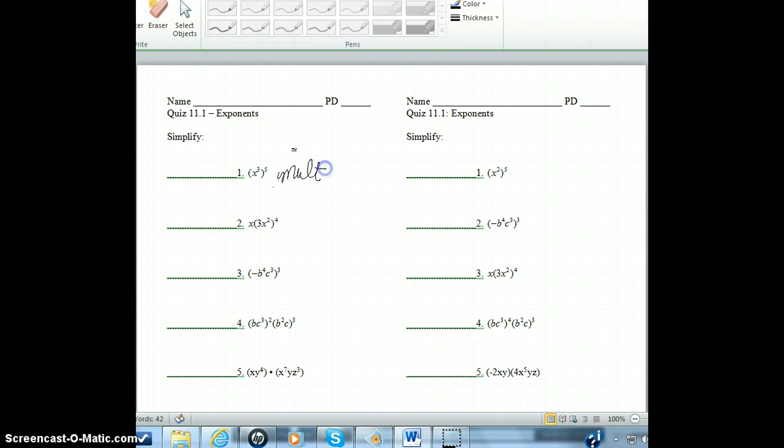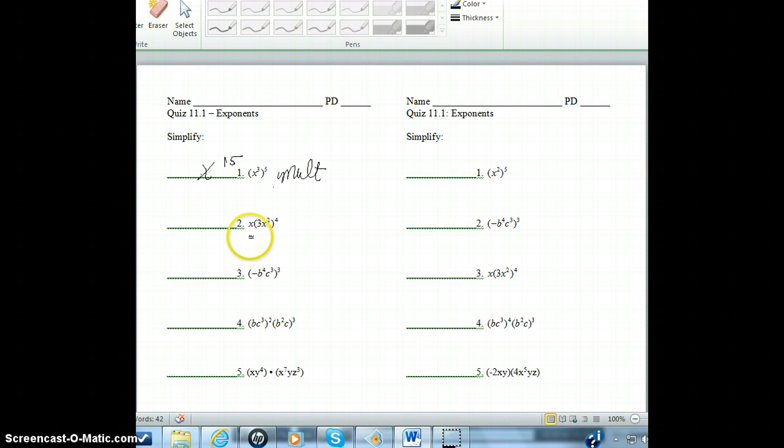You always multiply your exponents at this point. So this answer would be x to the third power raised to the fifth power, which solves to be x to the 15th. Now this is just an activity that we had completed, so we're just going to go over the answers and how it's done.